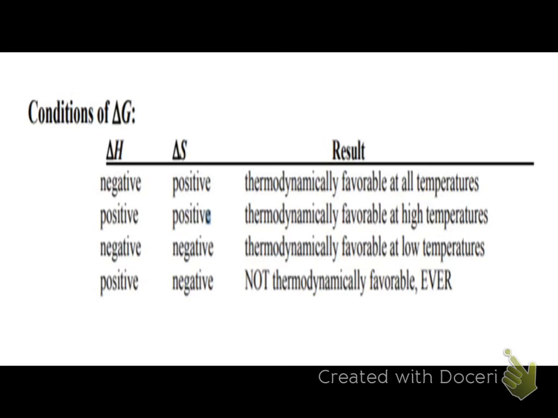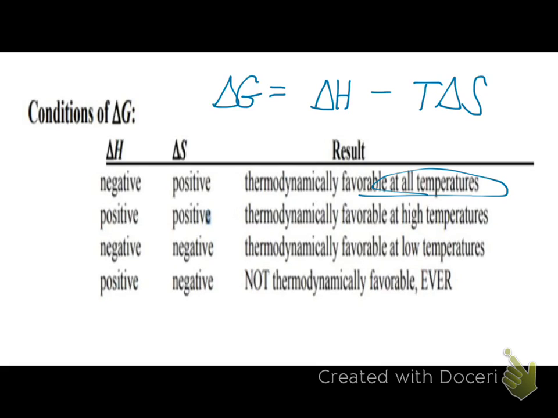This is a super good table, or super good thing to understand. And when you're looking at this, keep in mind that when you have this equation, delta H minus T delta S, it makes sense. So if this is negative and positive, then it's going to be favorable at all temperatures. Because remember, if this is positive, you're always going to be subtracting.